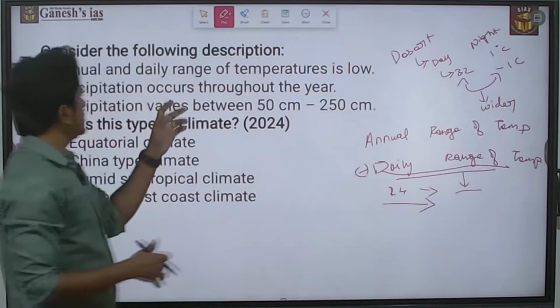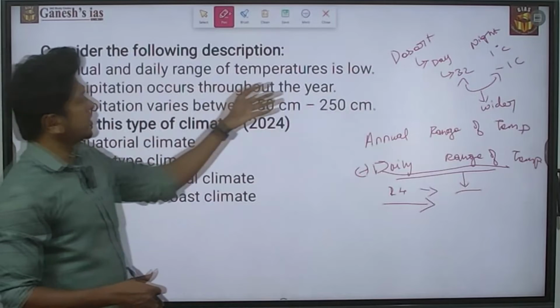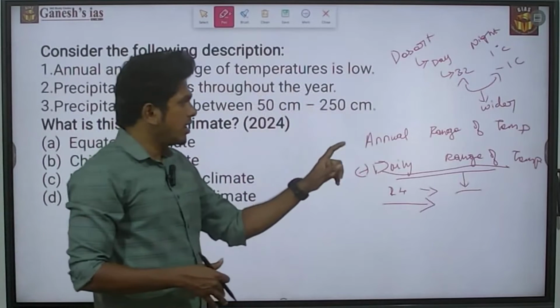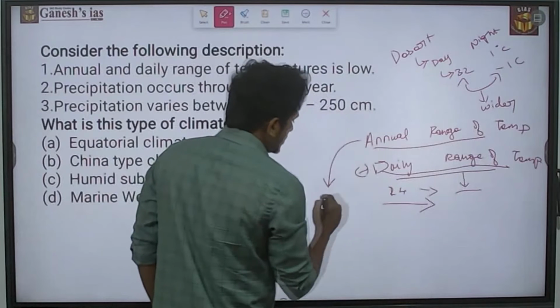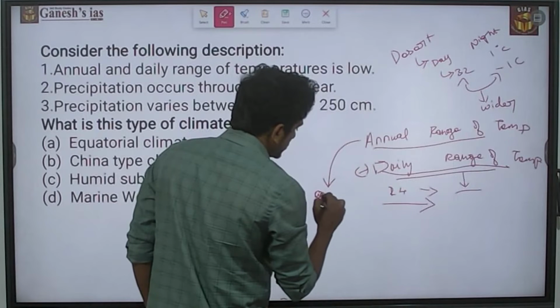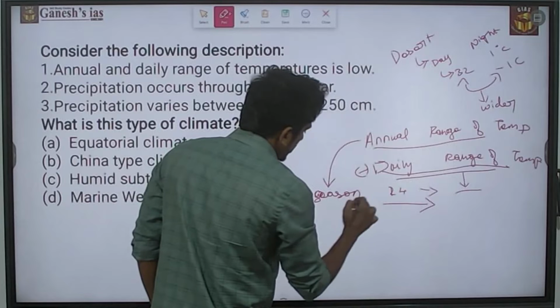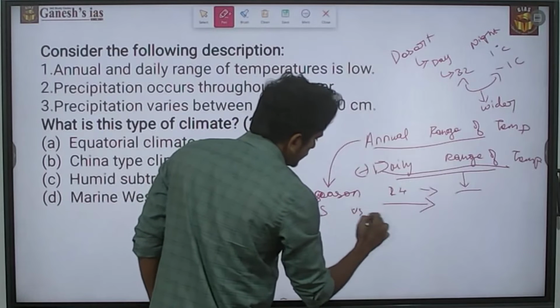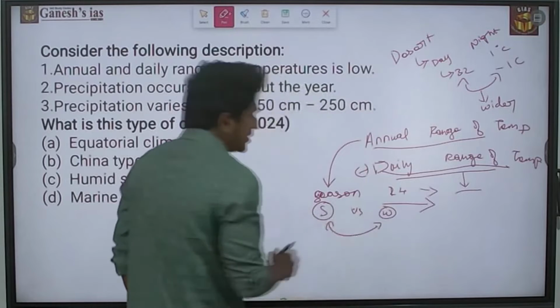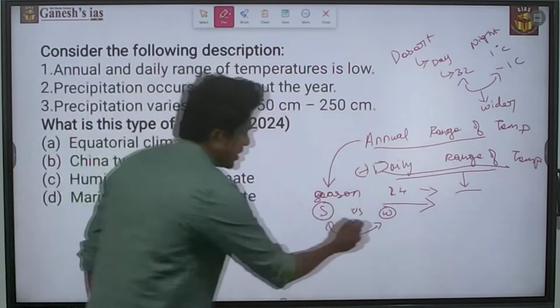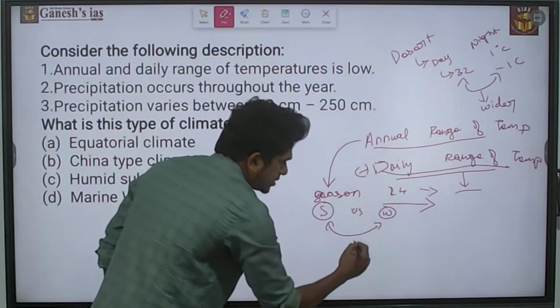This question is saying that the annual and the daily range of temperature is low. And what is the annual range of temperature? It is the difference between the seasonal temperatures, for example, summer versus winter. This climate is saying that the difference between the summer and the winter temperature is very low.